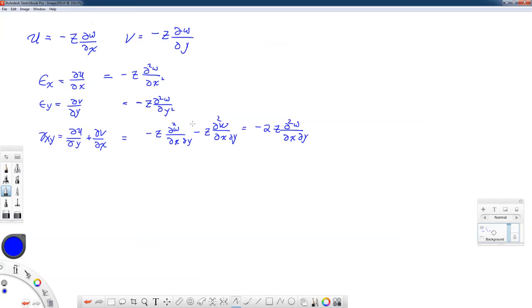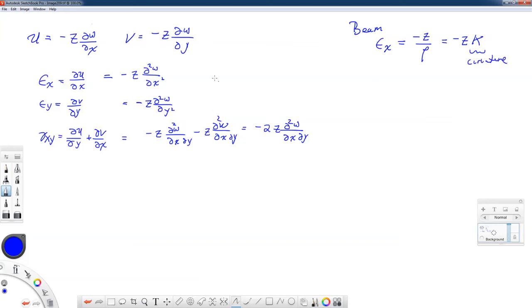Now, if we recall our discussion of the beams, we said that for a beam, the strain in the longitudinal direction is equal to minus z over rho, or equal to minus z times kappa, where kappa is the curvature.